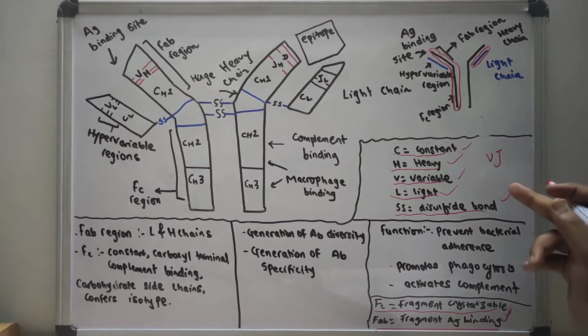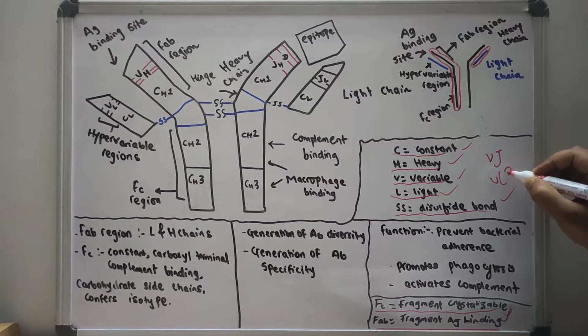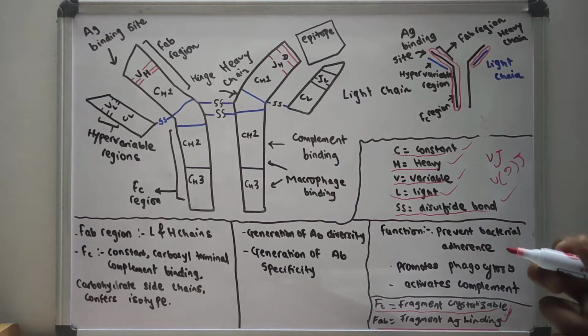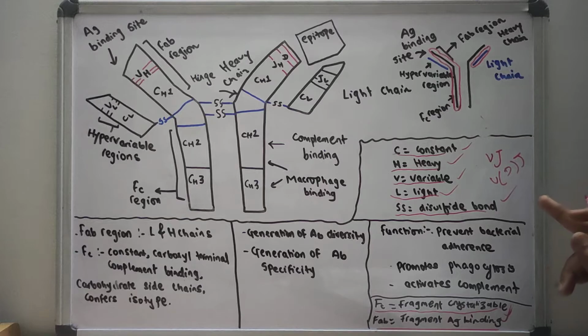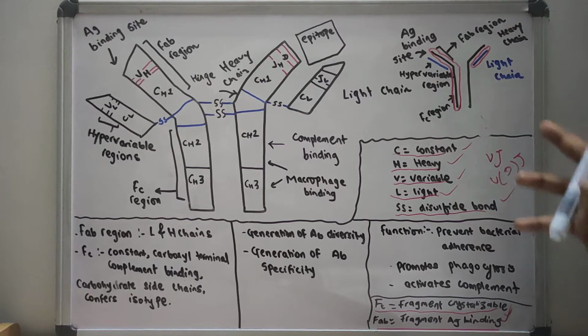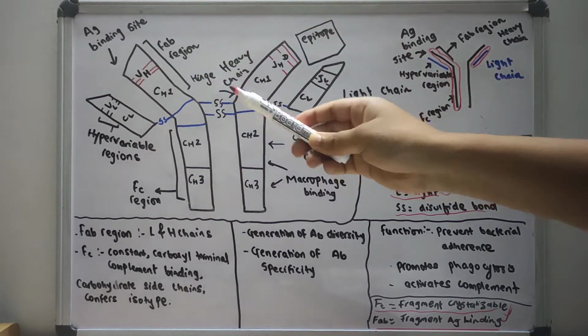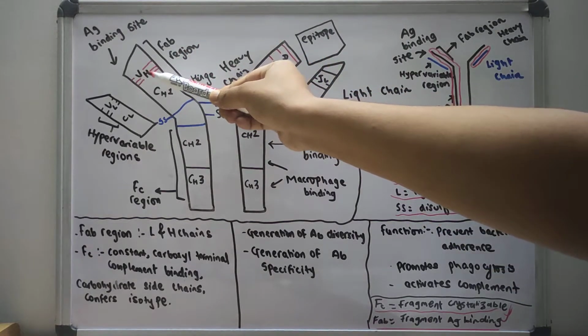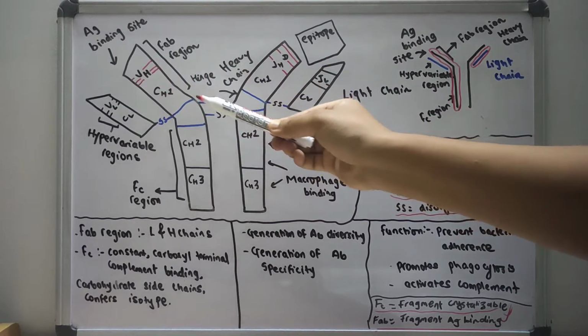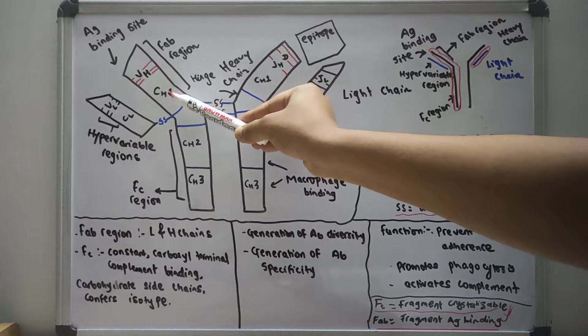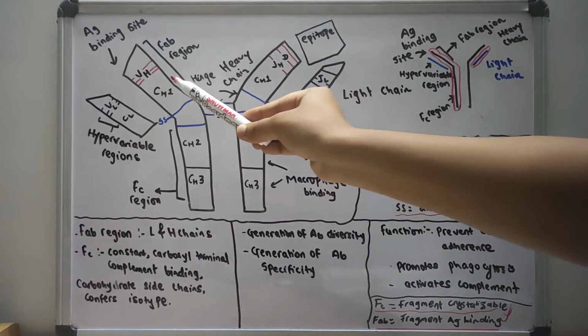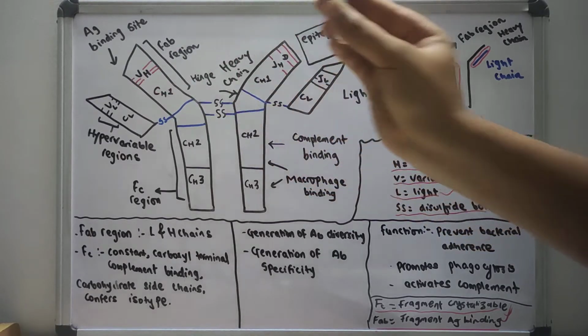VJ means the light chain's hypervariable region, and VDJ means the variable, diversity, joining gene segments from the immunoglobulin gene. VH means the variable region in the heavy chain, whereas CH1 means the constant region of heavy chain 1, the first region.